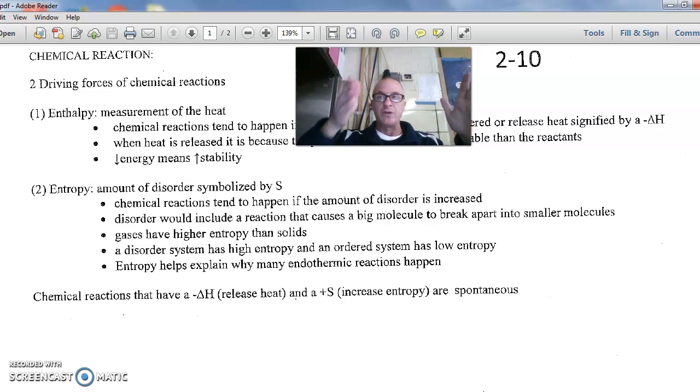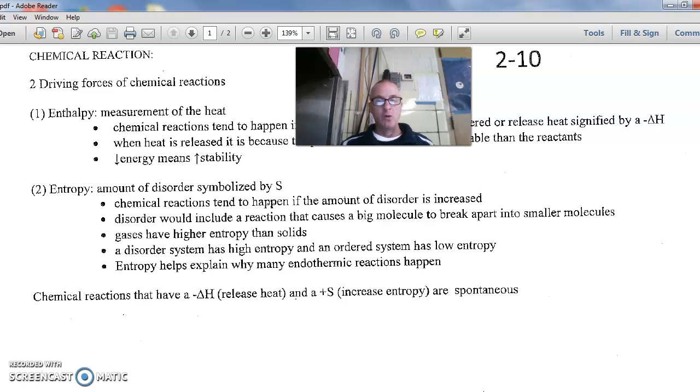Maybe it's a salt with a regular repeating pattern of ions, or maybe it's an enormous molecule, a very, very large molecule, all structured and put together. If that chemical reaction ends up breaking that molecule into smaller pieces, we've created disorder.